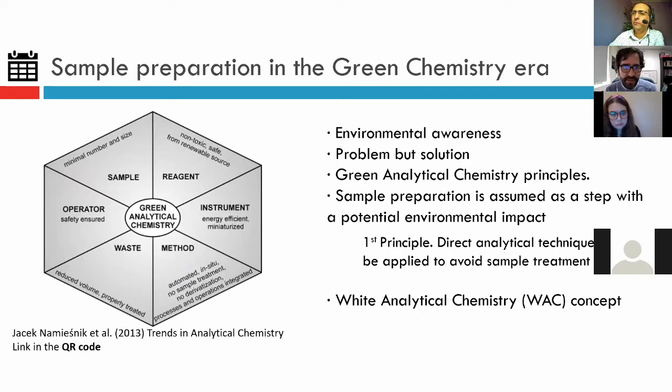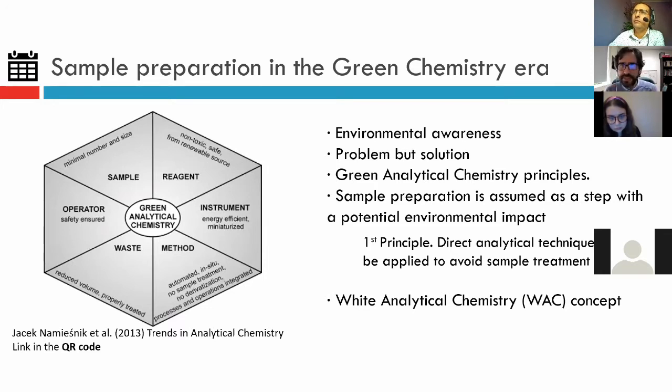On the one side, chemistry is a source of pollution. We have to accept that. But on the other side, chemistry is the solution to this pollution because we can, for example, develop remediation processes to reduce it. We can monitor, in the case of analytical chemistry, the presence of pollutants in different environmental compartments.